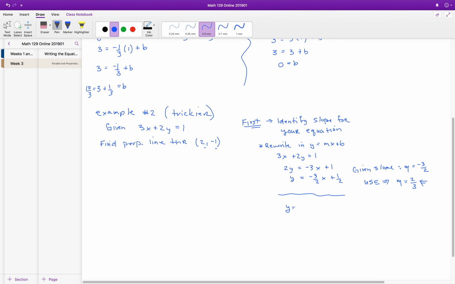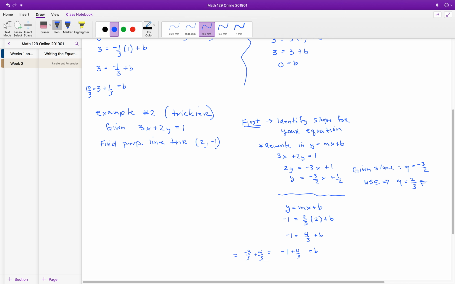All right, so here's my y equals mx plus b. So y is -1. M, I'm using 2/3, times x is 2, and then b is what I'm looking for. So -1 equals 2 times 2 is 4/3 plus b, and then b is equal to -1 plus 4/3. I can think of -1 as negative 3/3, that's the same as -1, plus 4/3.